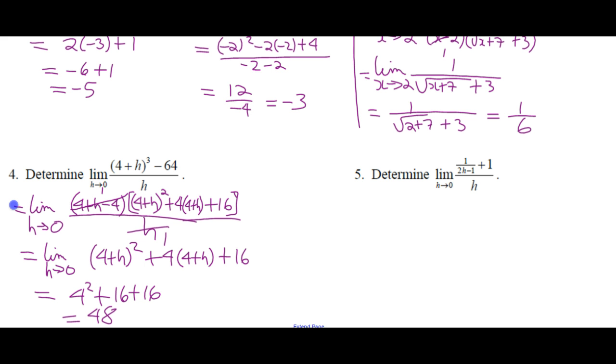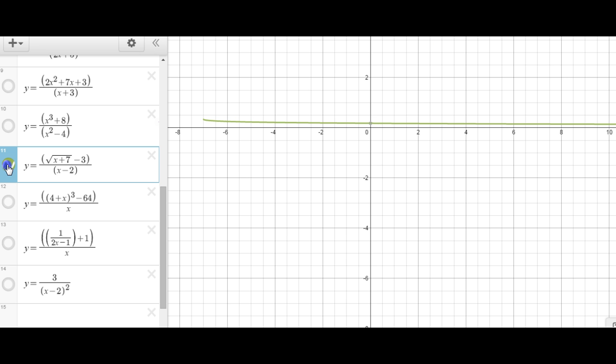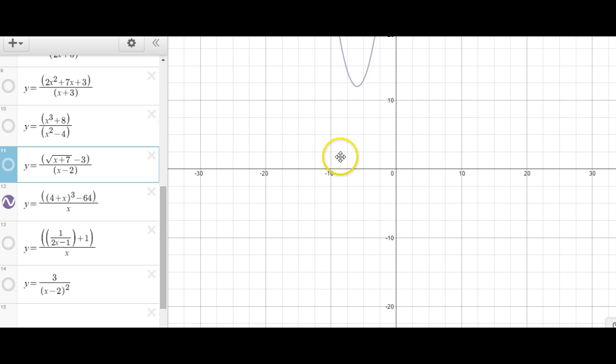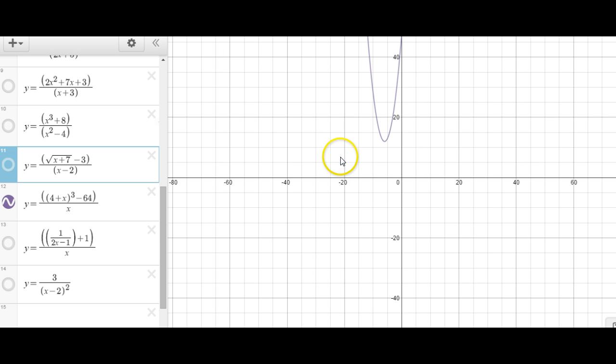I graph that. We'll have to zoom out if we want to see it, right? Filling that in. Now I had to do it with an x, right? It's easier to do with an x. Right over here. There it is.